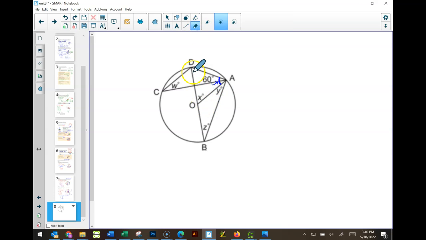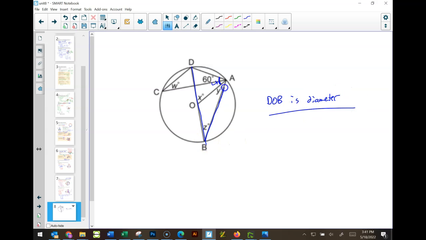Okay, now here's the hint. DOB is a diameter, which tells you something about the entire angle and might help you figure out what that little chunk of that angle is. So there's a hint for the last part of quiz 8.